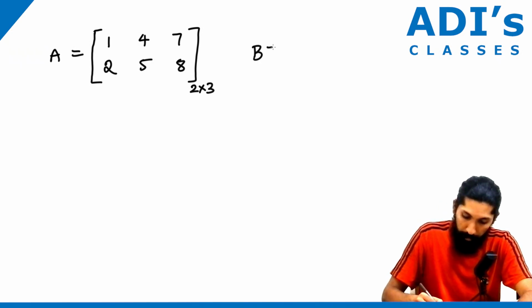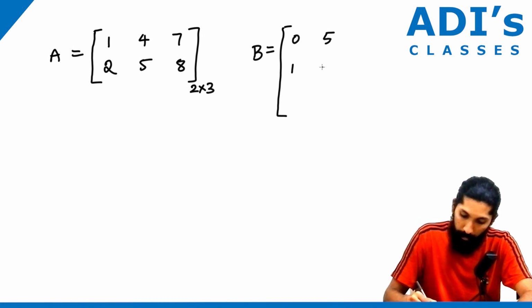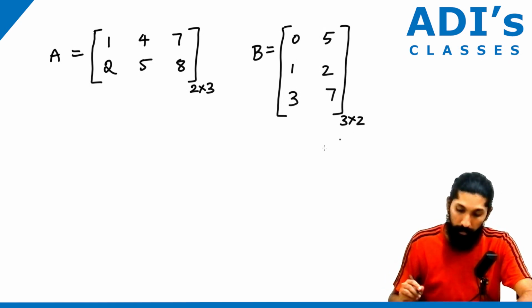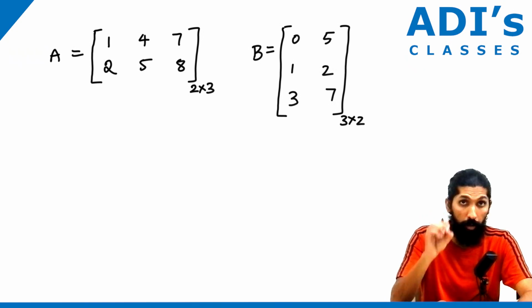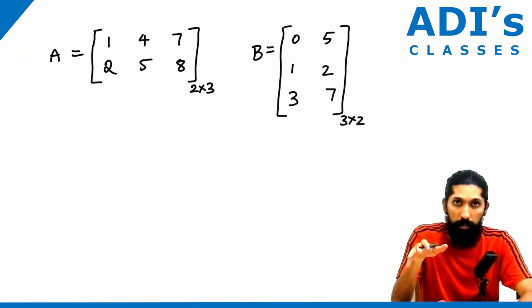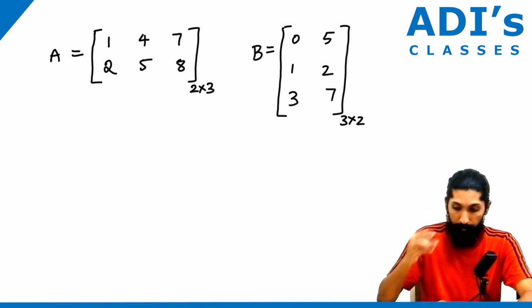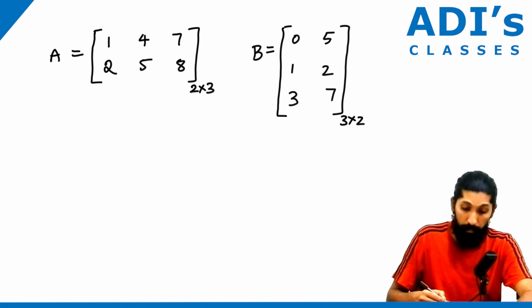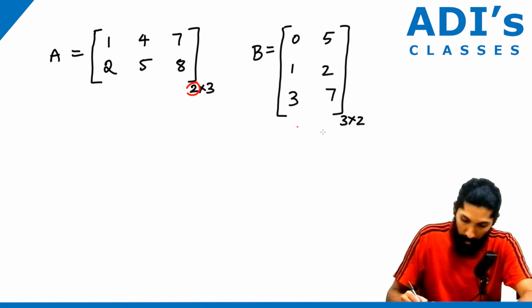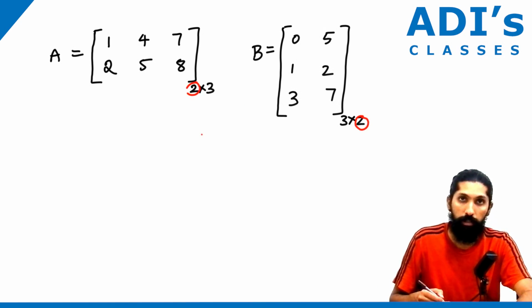Let's take matrix B as 0, 5, 1, 2, 3, 7. This is 3 cross 2, correct? That means the product of these two matrices has to be 2 cross 2, correct? Remember, just in the previous one we saw, it should be 2 cross 2, isn't it?